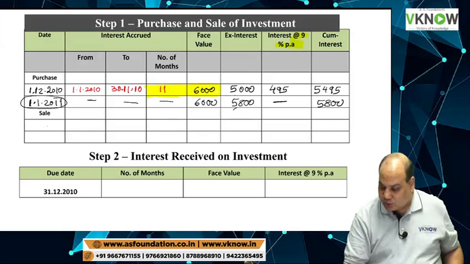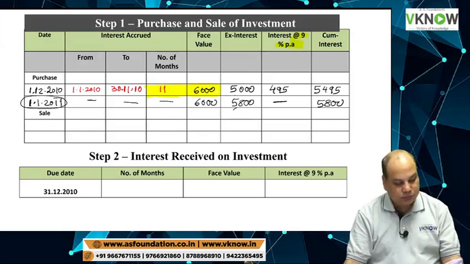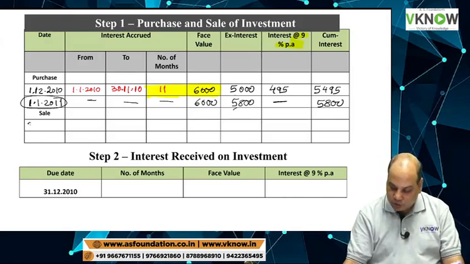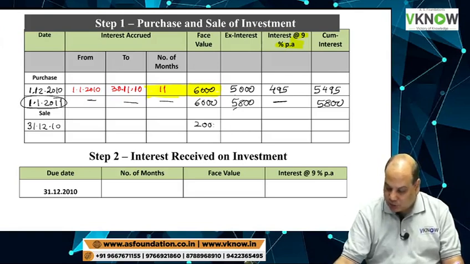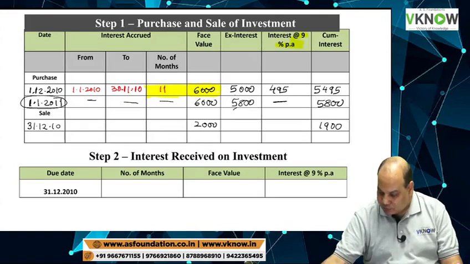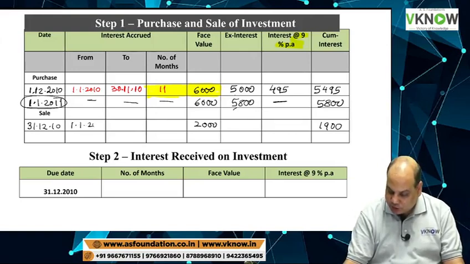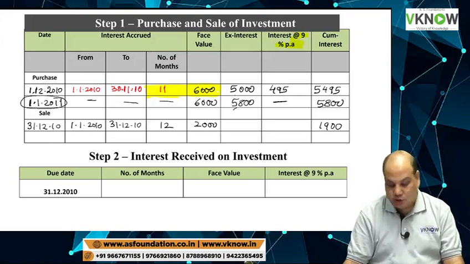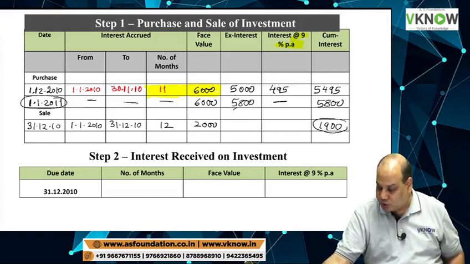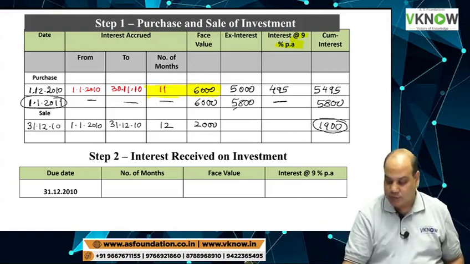Okay. Come to next, sale. In the third line of the question, on 31st December 2010, debenture of the nominal value of 2,000 was sold cum interest for 1,900 rupees. So the number of months interest accrued will be 12 months, from 1st January 2010, because the question says it was sold on cum interest basis, meaning the price includes interest accrued for 12 months.